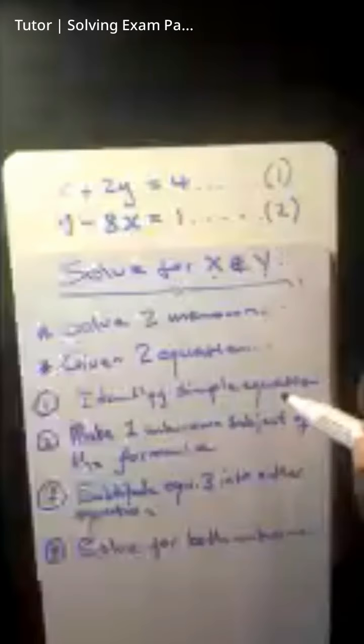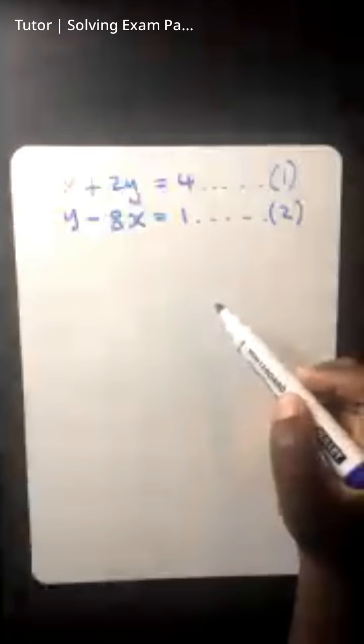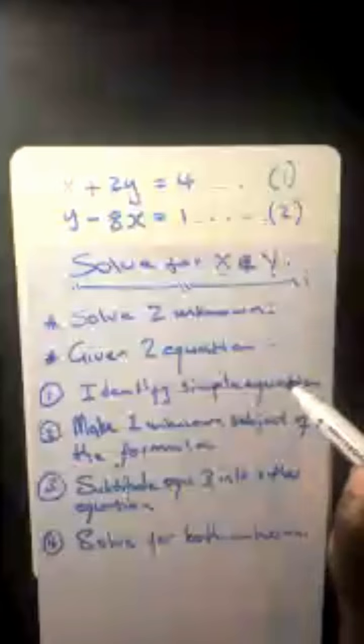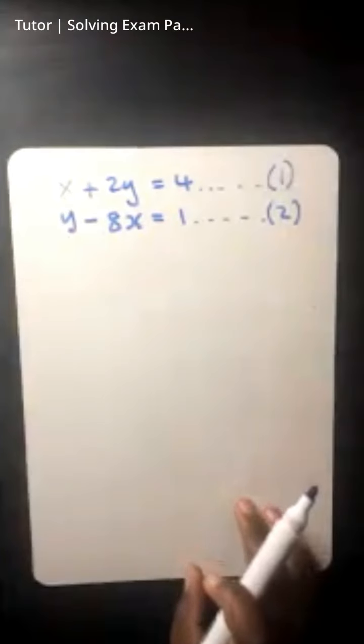Now that you know what an unknown is, we make either x or y the subject of the formula. What guides you? You use the simple equation to make the unknown the subject of the formula. That is the reason why you first had to identify the simple equation.